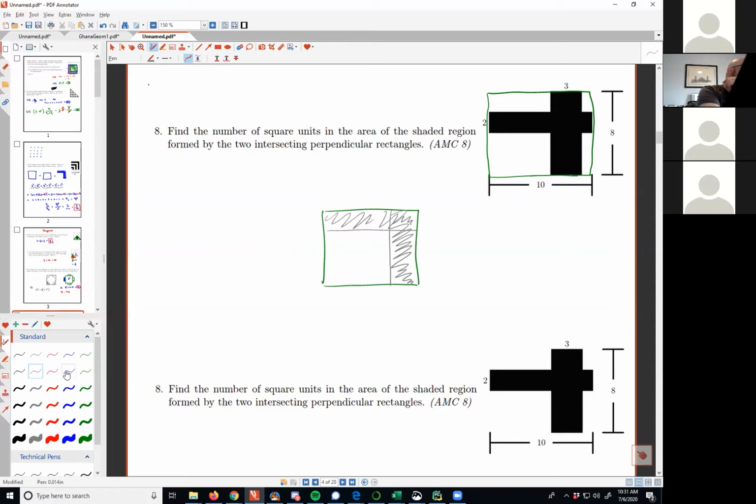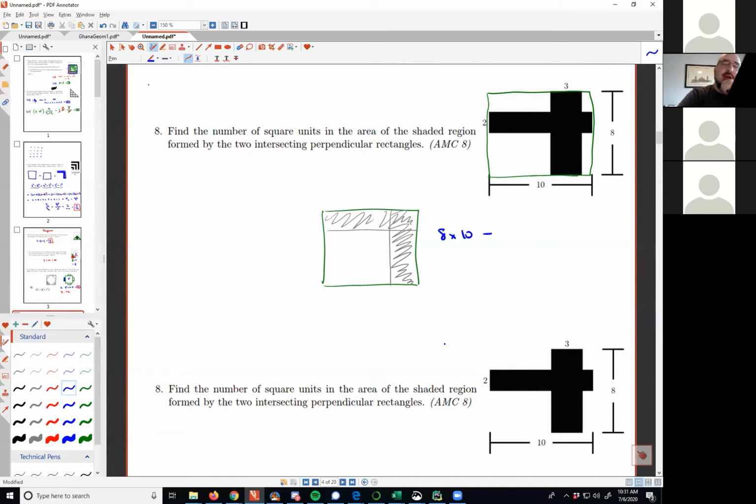Now how do we compute? So okay, from what you have drawn, you could divide into 2 rectangles, which would be 2x10 plus 3x6.